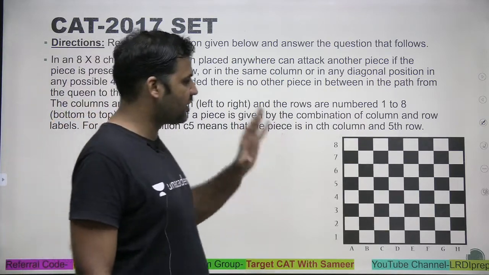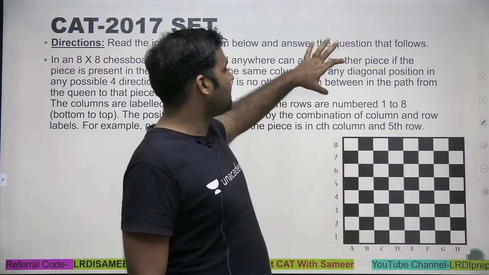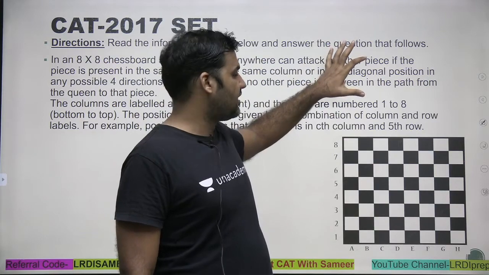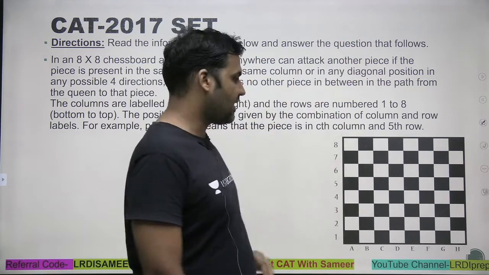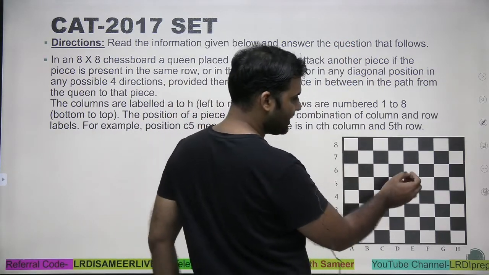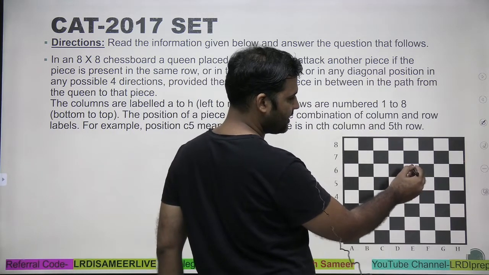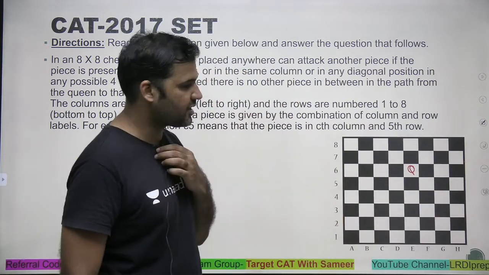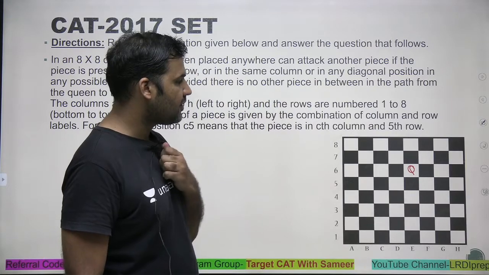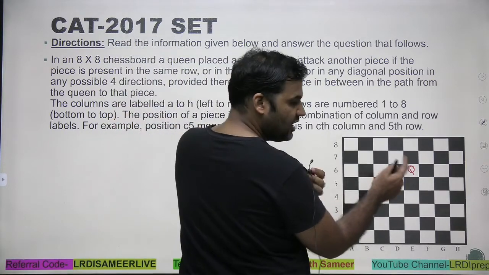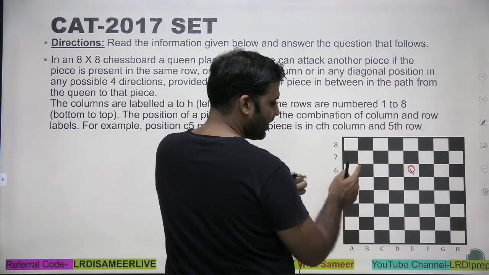Now that's the basic logic of chess, right? This is a standard instruction, and this is also the rule of the game. Let's say this is the position of the queen. A queen can attack any other piece which is available in this row.